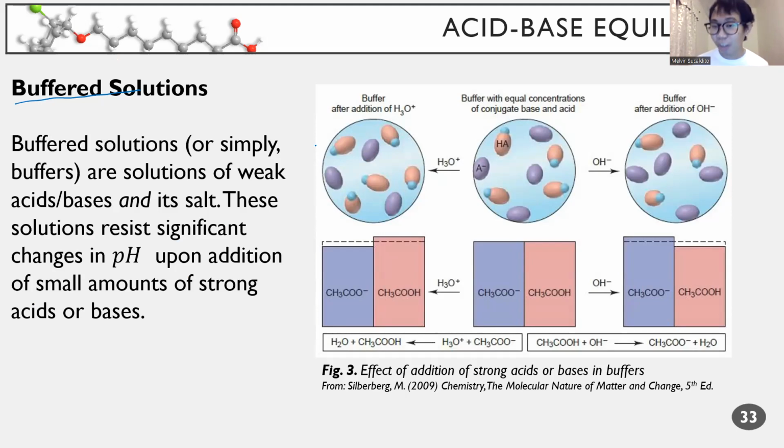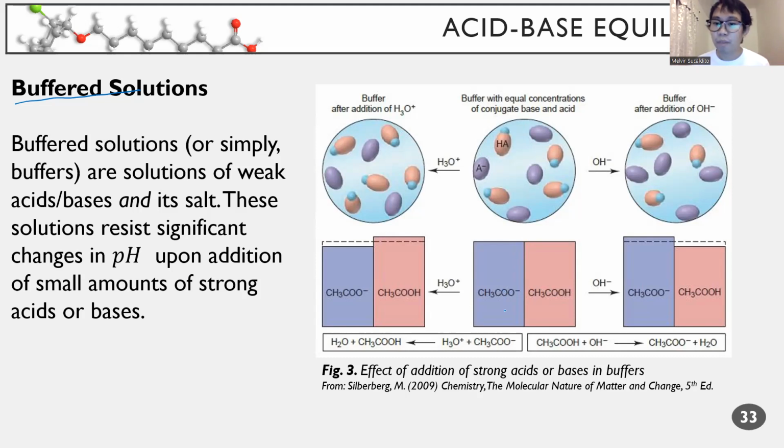Let's look at how buffers work. Look at this illustration here. In the middle, this is a solution of acetic acid and its conjugate base, acetate ion, with equal amounts of acetic acid and acetate ions. So this is considered a buffered solution.